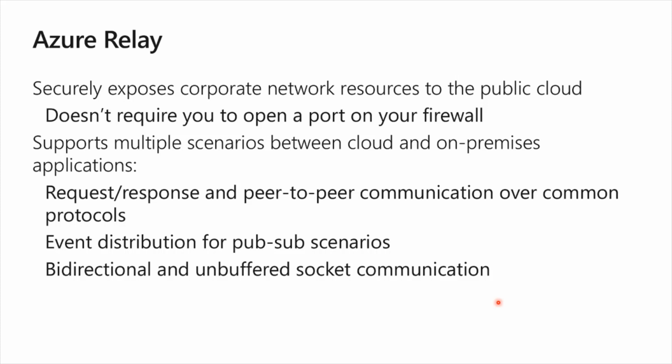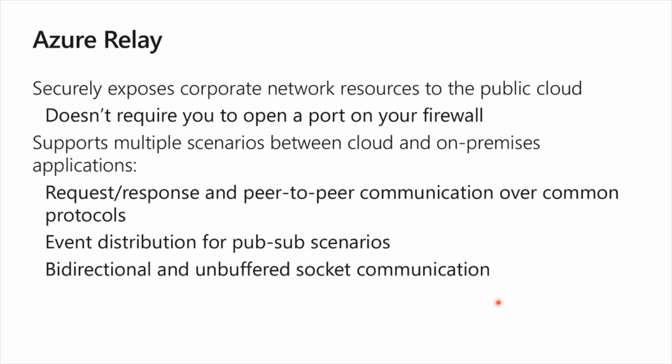The Relay service supports the following scenarios between on-premises services and applications running in the cloud or in another on-premises environment. Traditional one-way request response and peer-to-peer communication. Event distribution at internet scope to enable publish-subscribe scenarios. Bidirectional and unbuffered socket communication across network boundaries.